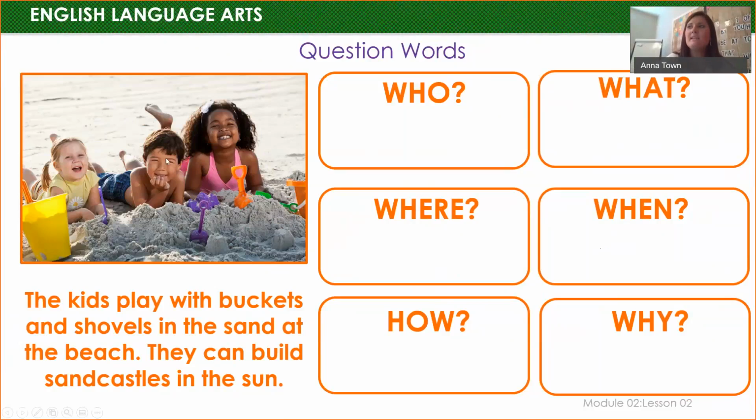And we can see that the sky is light out there. The sun's still shining. How are they building sandcastles? With buckets, shovels, and sand. Yes, they are. Now, why would they be building a sandcastle? For fun, right? It gives them something to do while at the beach. Good job.